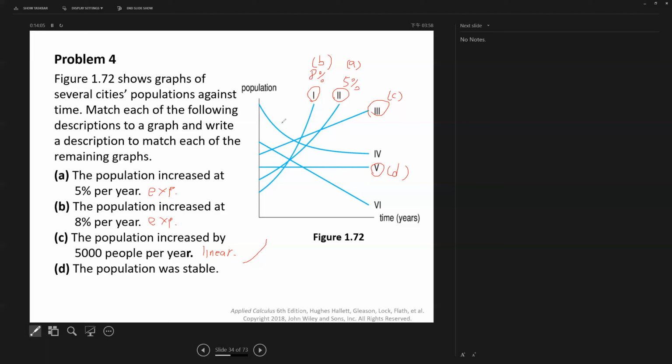So 4, you can see that it's decreasing, but it's not a straight line, right? So line 4 is what we would call an exponential decay, right? So in terms of population, when we talk about decay, that means we see people leaving the world, losing their lives, right?